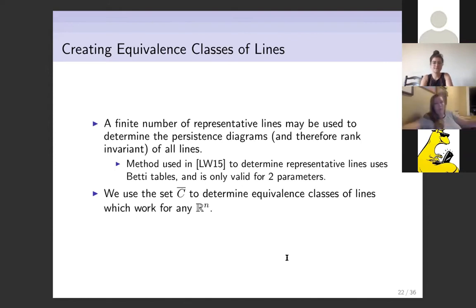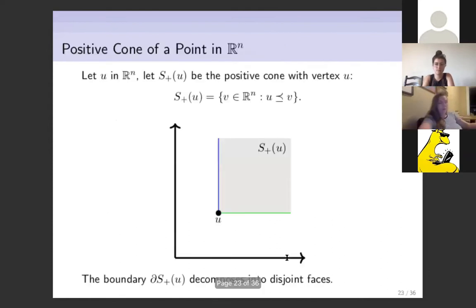Okay, so we're gonna tell you how we make these equivalence classes, but first I need to introduce a couple definitions. So if I have a point U in R^n, the positive cone of U in R^n is just all points greater than or equal to U. And in particular, the boundary of this positive cone decomposes into disjoint faces.